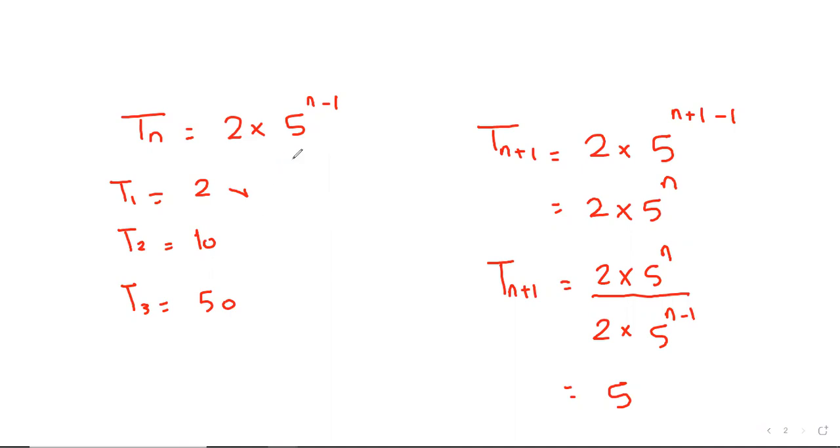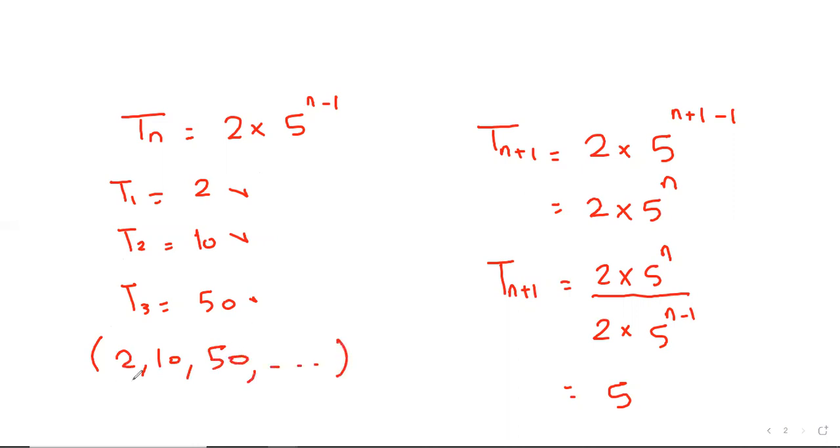The second term, put 2 instead of n: it will be 2 times 5 to the power of 2 minus 1, and 2 minus 1 is 1. So 2 times 5 will be 10. And when n equals 3, you will get 50. So we have the sequence 2, 10, 50, and so on.